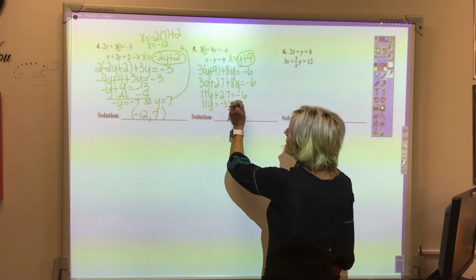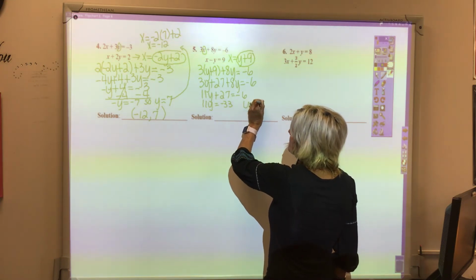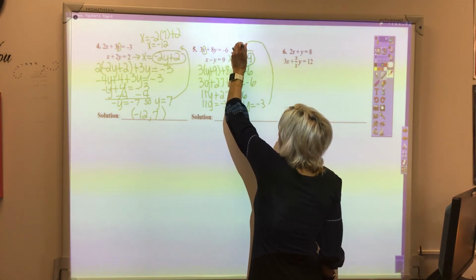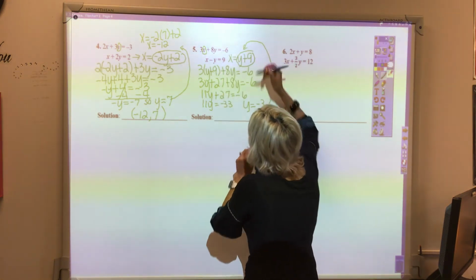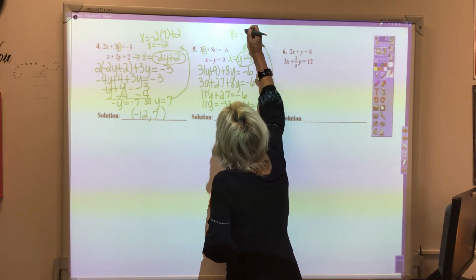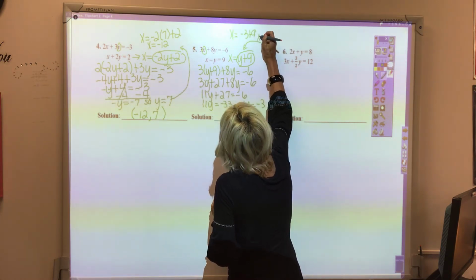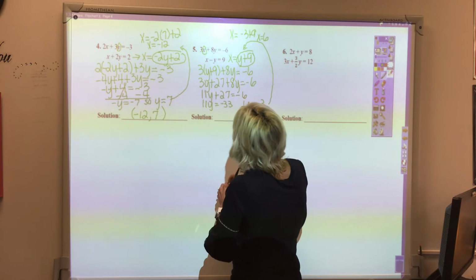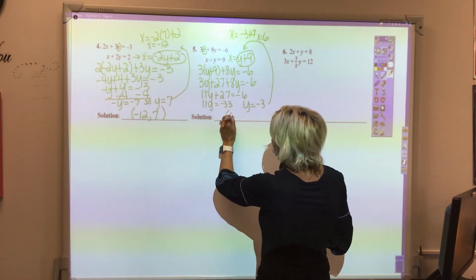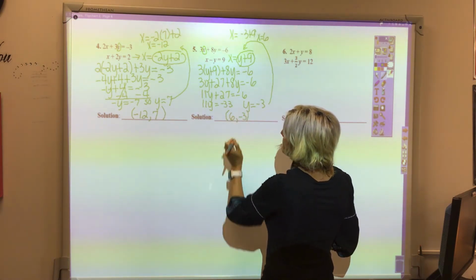Divide both sides by 11, and y will equal negative 3. Plug it in here, in place of y, so x will equal negative 3 plus 9, or x is 6. So my ordered pair will be (6, negative 3).